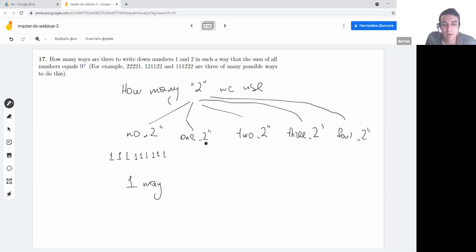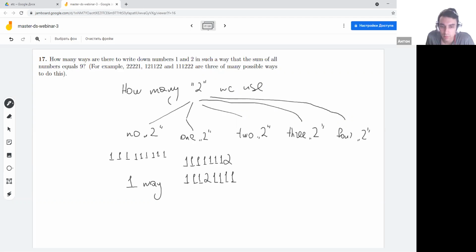Let's see, if we have one 2, then we have something like this: seven 1s and a 2. But of course it can be rearranged. For example, the very same 9 will be obtained if I rearrange the numbers like this.